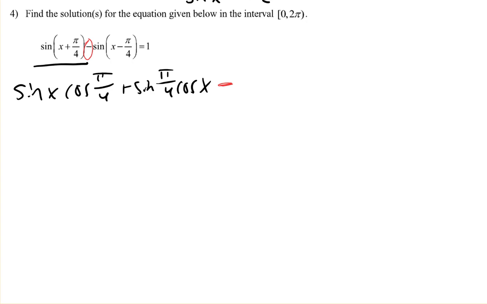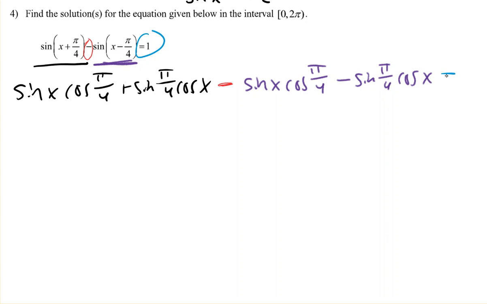You should have applied the formula here. Sine of the first, cosine of the second, sine of the second, cosine of the first, and then in the end it's supposed to equal 1. So all that's colored to kind of help you see that.